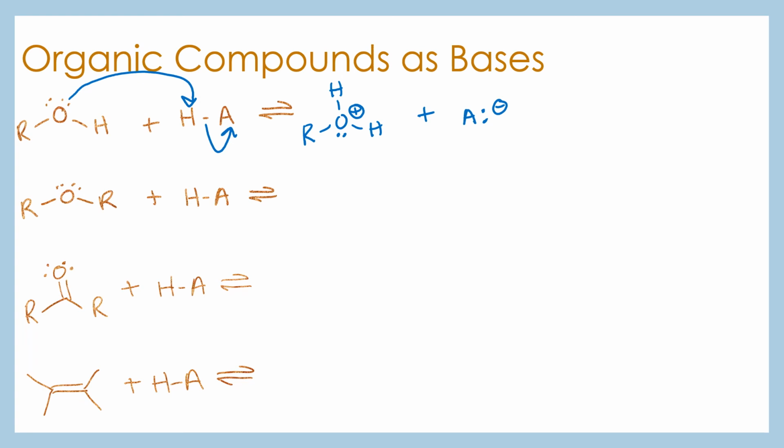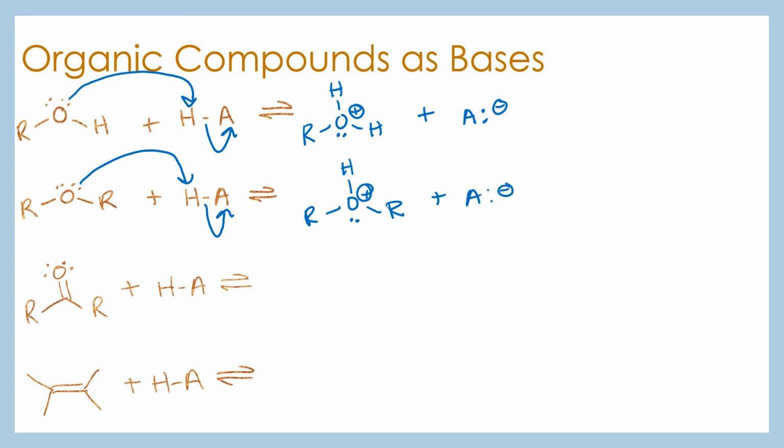If you have an ether, all we've done is swapped out this hydrogen for this carbon. We're going to end up doing something really similar. So again, just protonating the oxygen and creating the conjugate base.